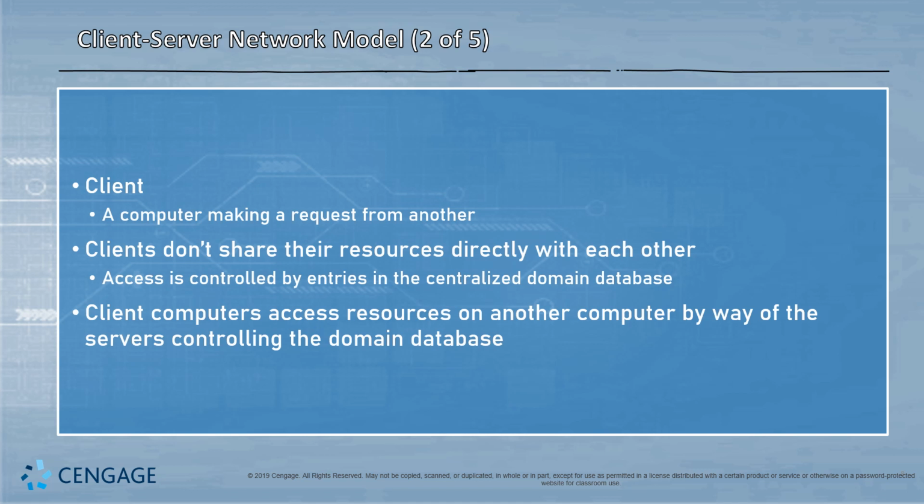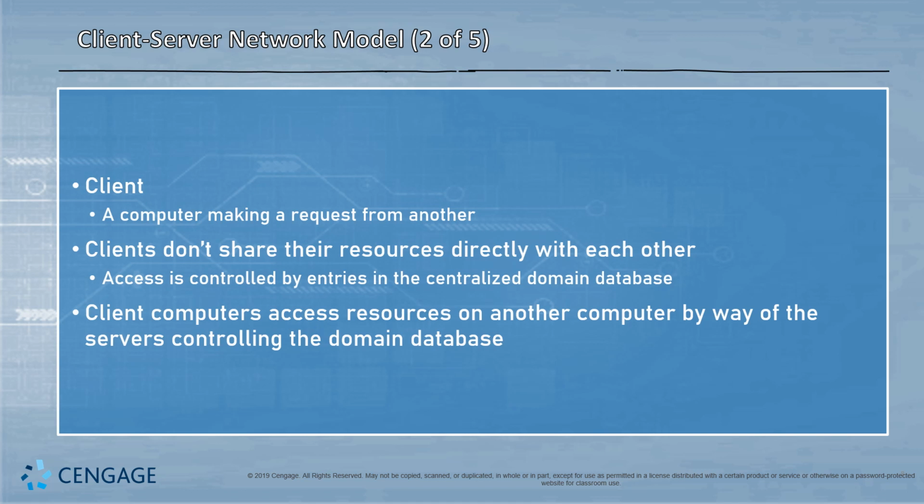When we hear the term client, what we want to think of is a computer speaking from one to another to make a request. Clients don't share resources directly in this configuration. They have to go through that centralized database to ensure that permissions are processed accurately. Client computers access resources by way of those controlling servers.